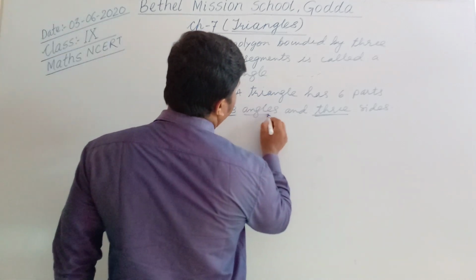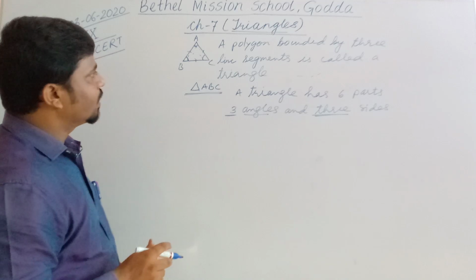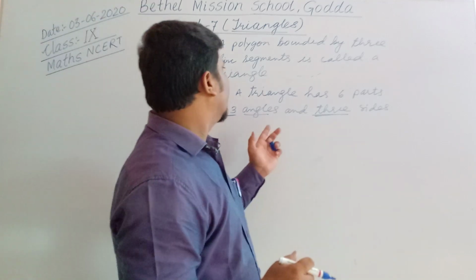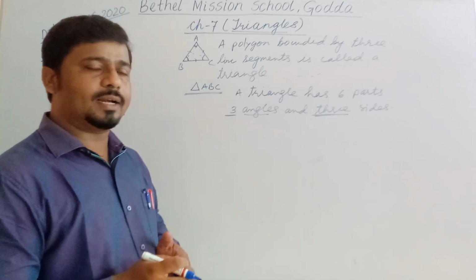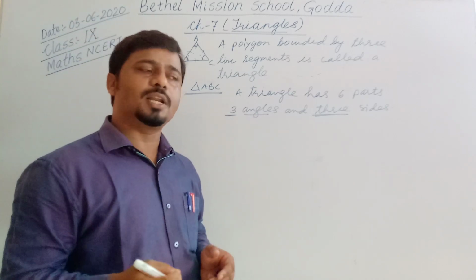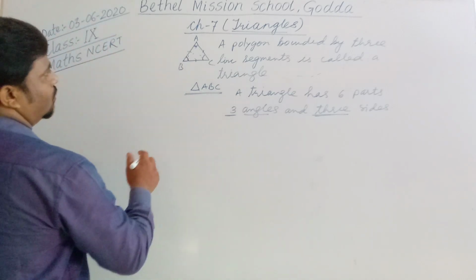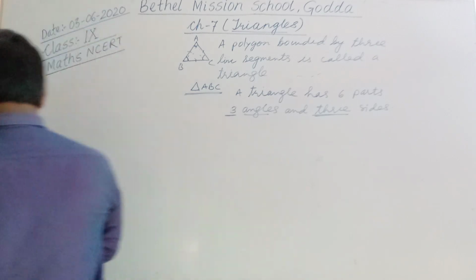There are many types of triangle. According to angles and according to sides, the triangle is divided into 3 parts. What are the parts? Let's see.